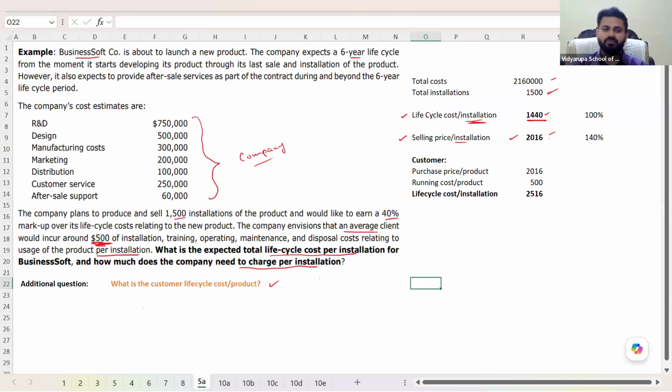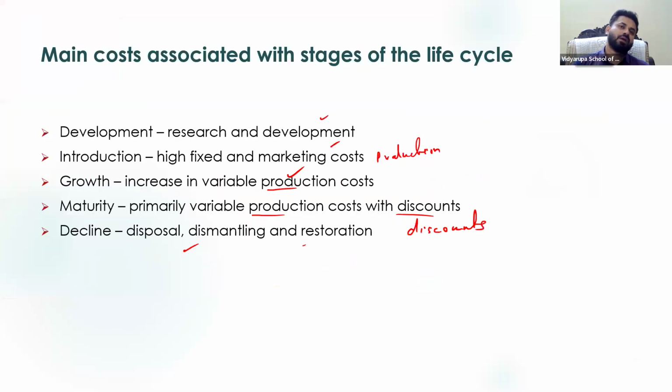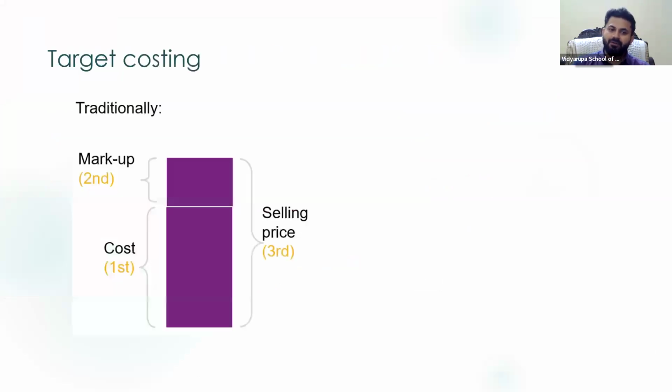Now, going further with the topics, traditionally what will happen, what will be calculated first? The cost. As you can see in this chart, what is marked first? Cost. Normally cost is computed first because cost is internal.